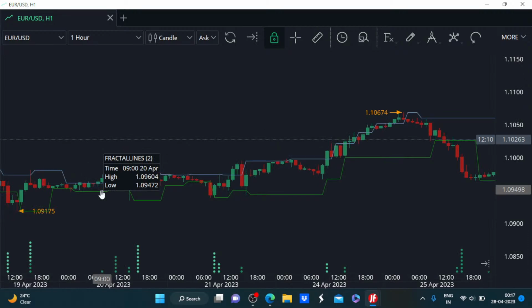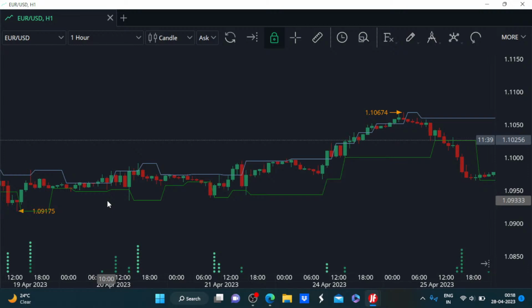So the fractal lines also work well in a sideways market, and you will be in a position to avoid loss-making trades as long as the momentum is sideways. You can consider that the price moves are going to be shallow, and it is better to keep the developments in mind and trade accordingly.